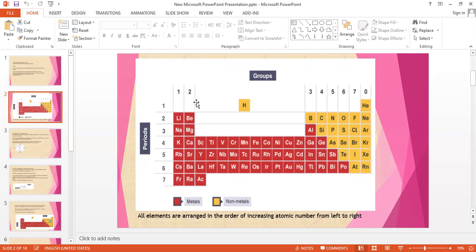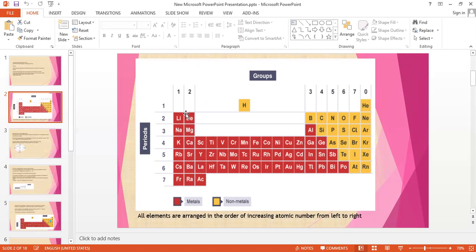And here are the group 2 elements: beryllium, magnesium, calcium, strontium, barium, and radium. So there are also 6 elements in group 2. The number of outermost shell electrons is 2, so these are known as the group 2 elements. For example, beryllium has 2 electrons in the outermost shell, and magnesium also 2, calcium 2, strontium 2, barium 2, and radium 2.